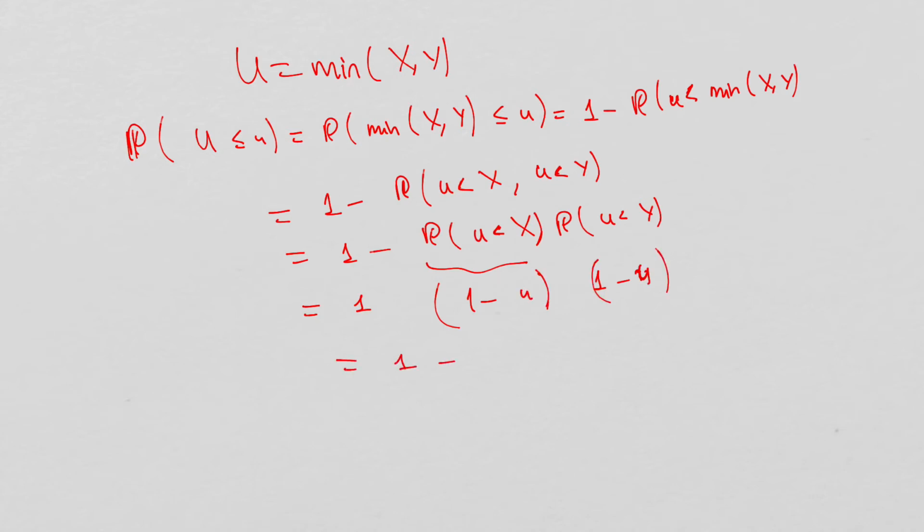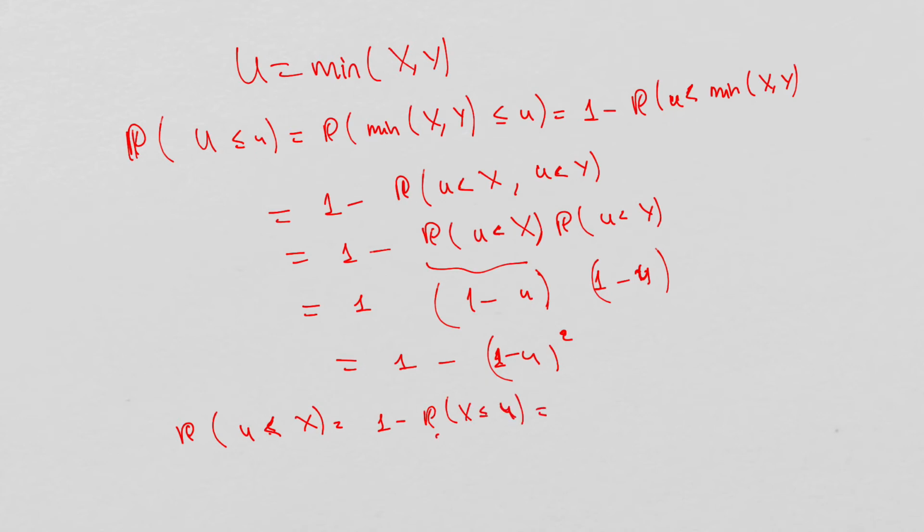So this is going to be 1 minus (1 minus u) squared. How did I get 1 minus u? The event u strictly smaller than x, we can write as 1 minus x smaller than u.